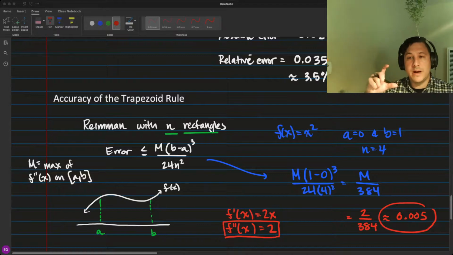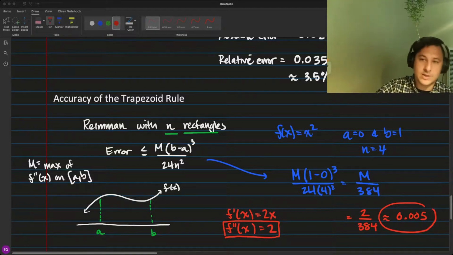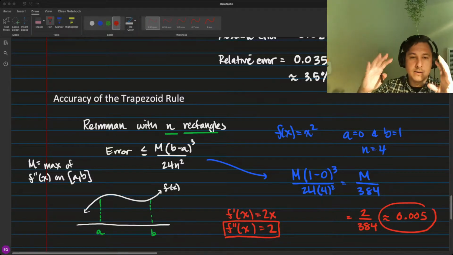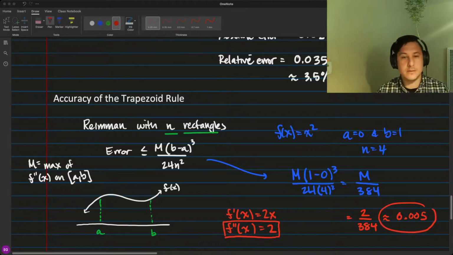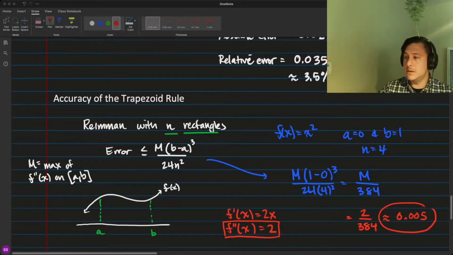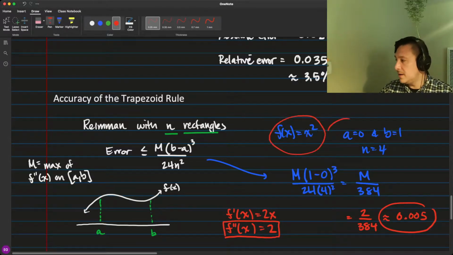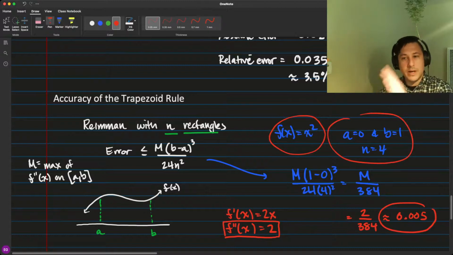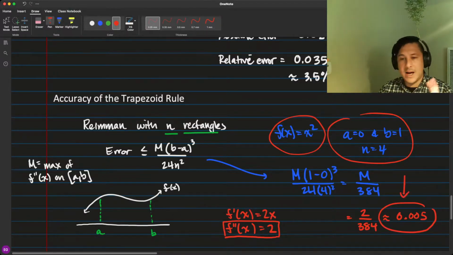The answer that you got from your Riemann sum is going to be at most that much smaller or that much bigger than the actual area. So this is how much you would be off by at most.